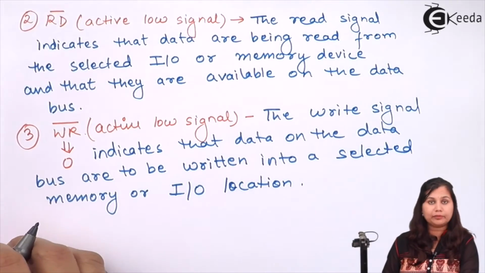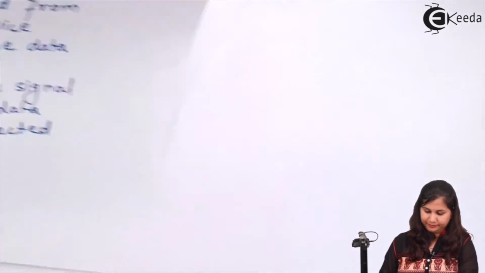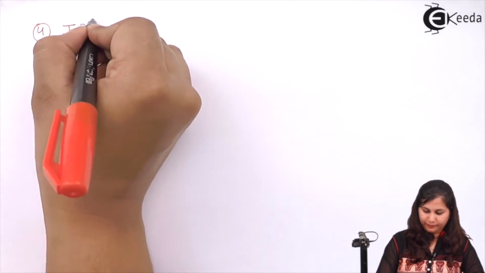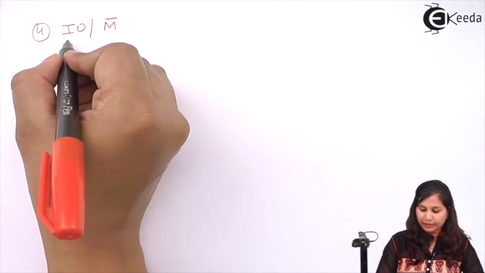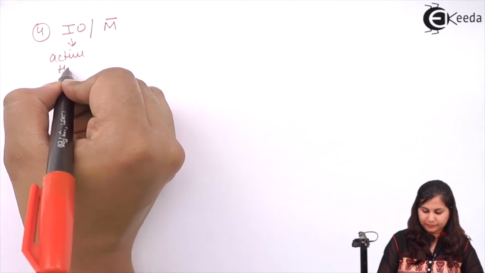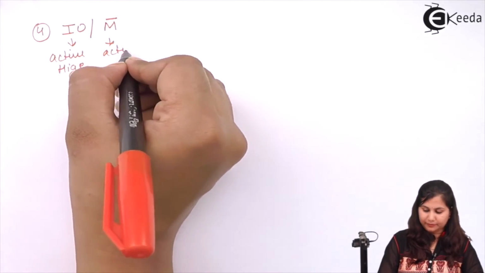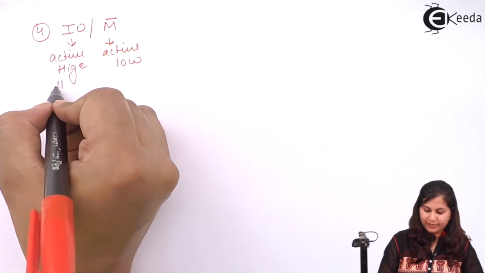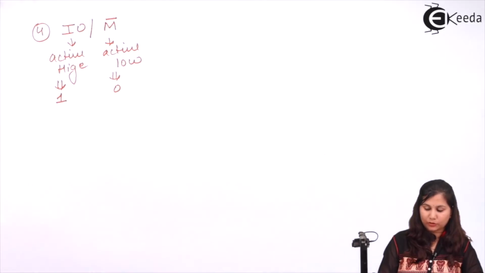Next signal is the input output or memory signal. Now this IO signal is an active high signal, and M bar is an active low signal. It means this is active when its value is equal to 1 and this is active when its value is equal to 0.